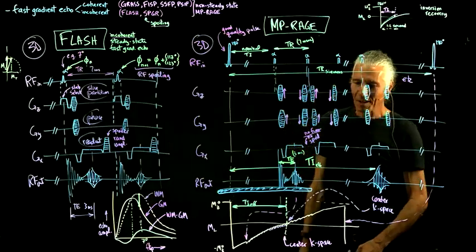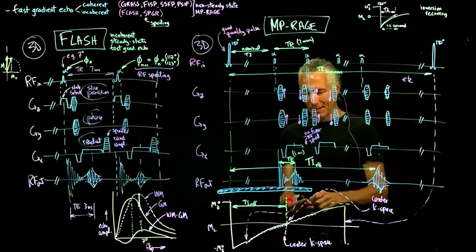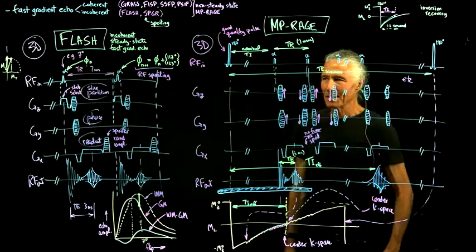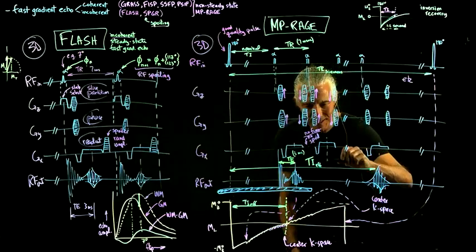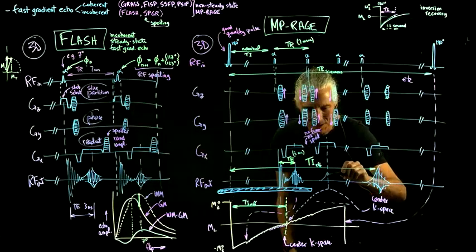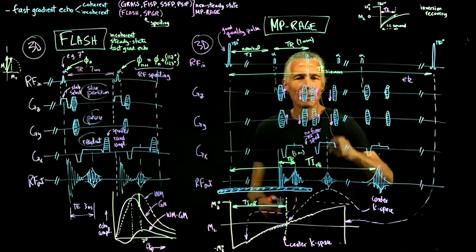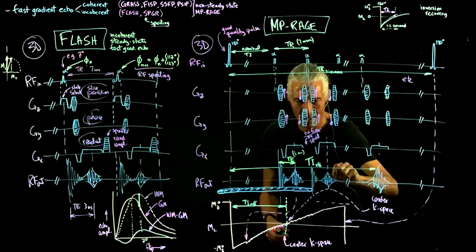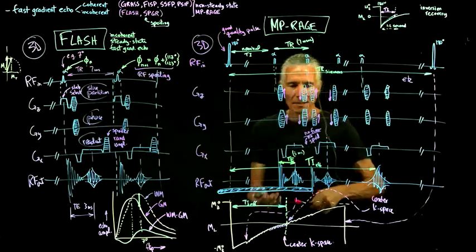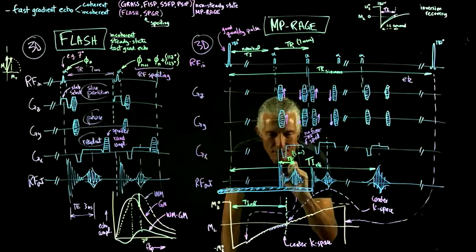And so what does Siemens call the real TR? They call it the echo spacing. So if you're on the scanner, here's the RF pulse here. So here's the FID. Sorry, this guy is the FID, which we're not recording. And here's the echo.